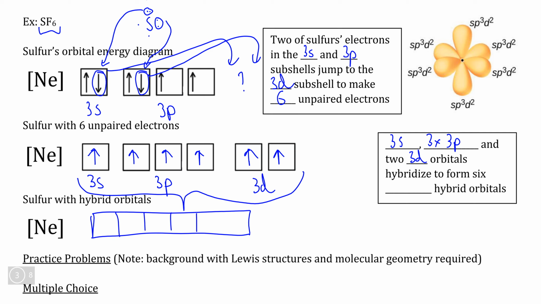And if we count which orbitals we hybridized, we took 1 from 3s, 3 orbitals from 3p, and now 2 orbitals from sulfur's 3d subshell in order to make this hybrid subshell.